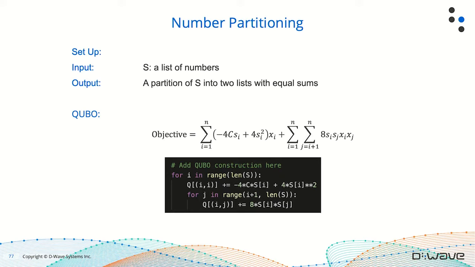So for a small problem, this is a totally fine way to build up your Q matrix that you can then submit to the quantum computer or to our binary hybrid solver. Once this gets big, though, you can see we have a nested for loop here where we're running through n things in each of these loops. So it's not super efficient. And this is one that we can run a lot more efficiently with NumPy. So let's see how we can do that.